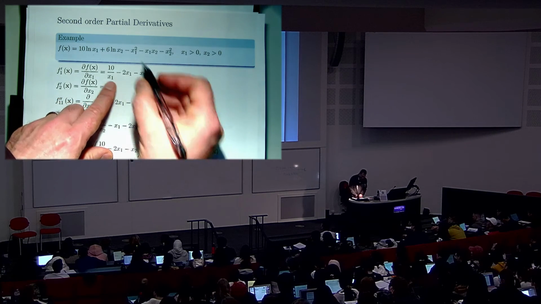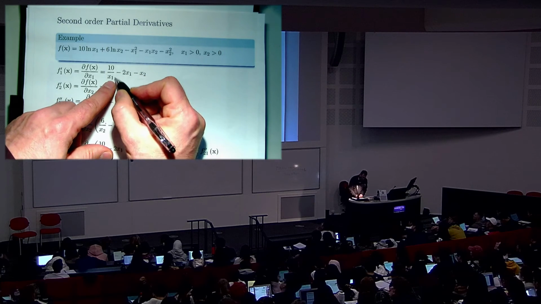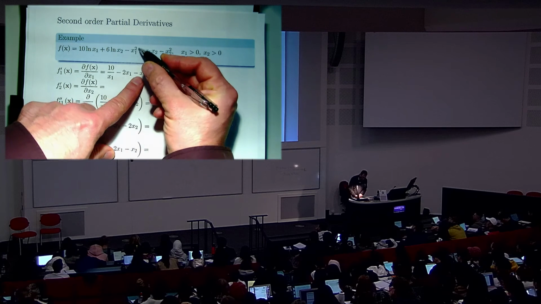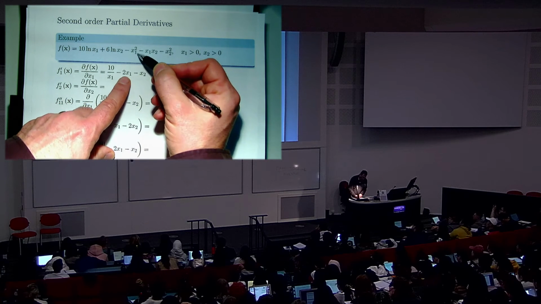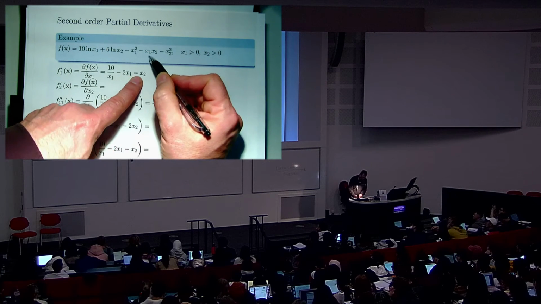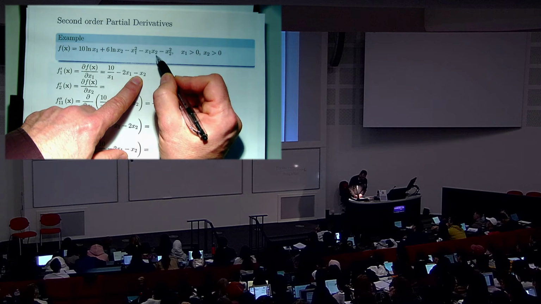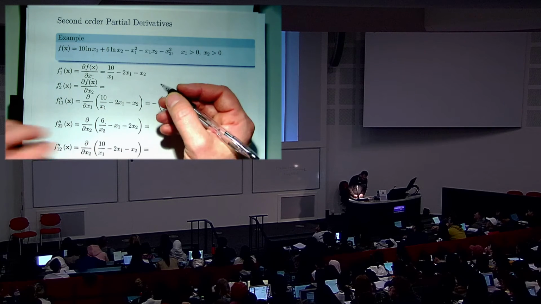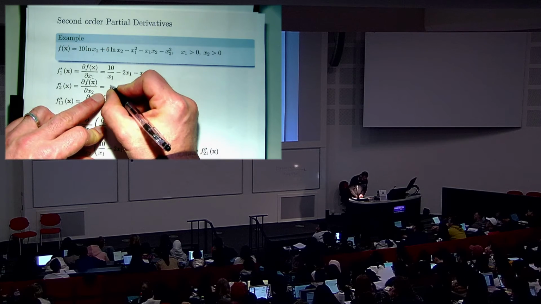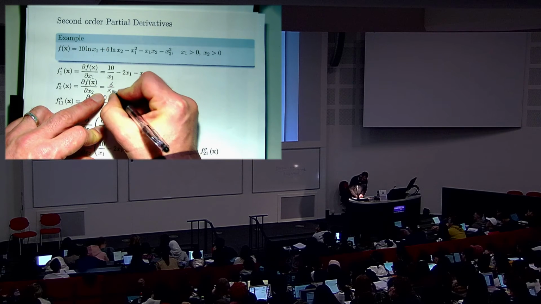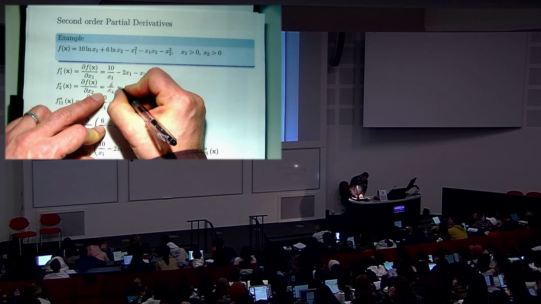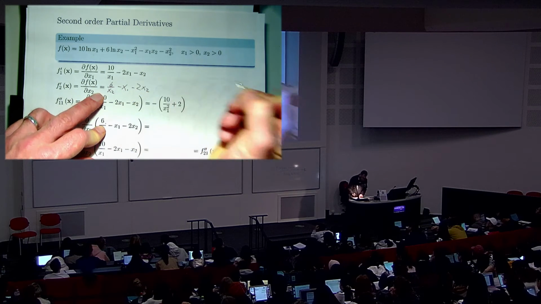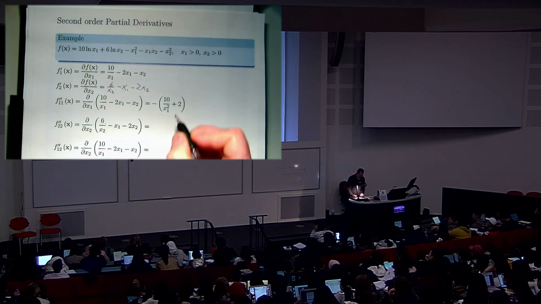Oh yeah, okay. So 10 over x1, then we have another x1 term here, so that's negative 2 times x1, that's this one, and then we have an x1 term here, and the x2 is just a constant. This will be 6 over x2 minus x1 minus 2x2. Okay, check that you can replicate this.